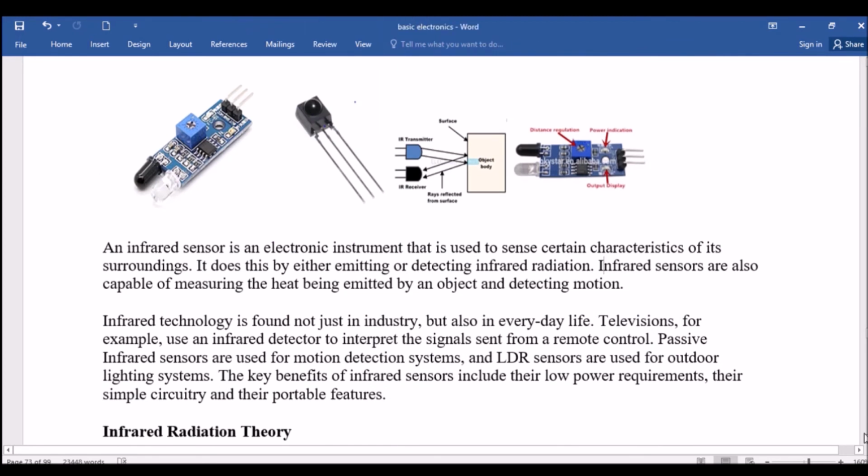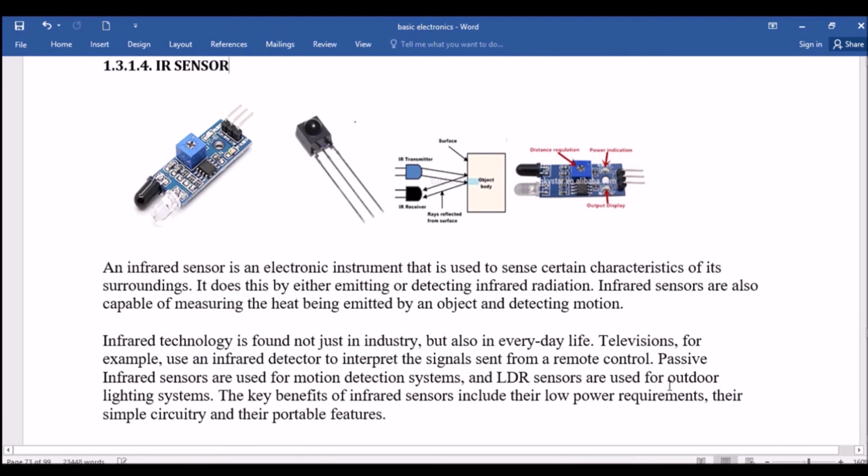In our practice, we will show you how we can use this model for detecting motion. This can be used for a smoke detector, and in different ways to show you how infrared is transmitted, but you cannot see it. But when there is an obstacle near this infrared, it produces an output.